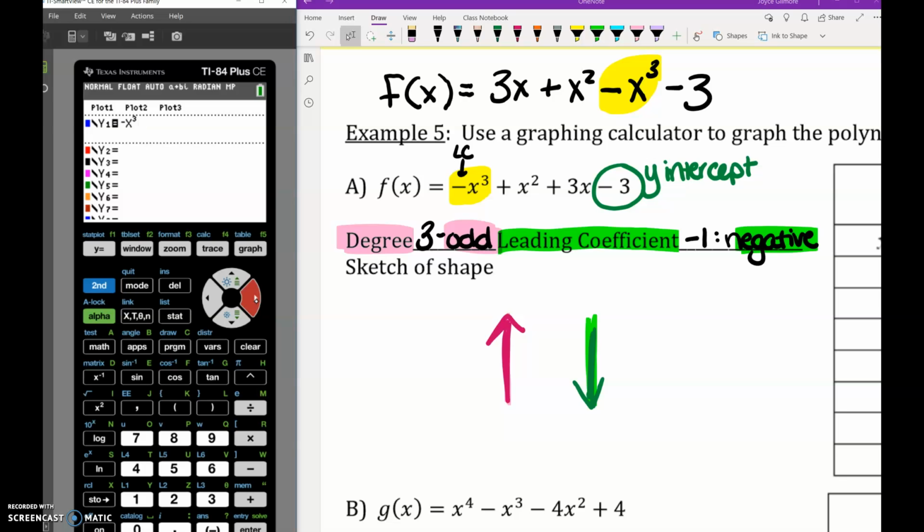If your calculator is a little bit older and it shows you the little caret and then the 3, then you're fine. You can keep going without worrying about it. Plus x squared plus 3x minus 3.